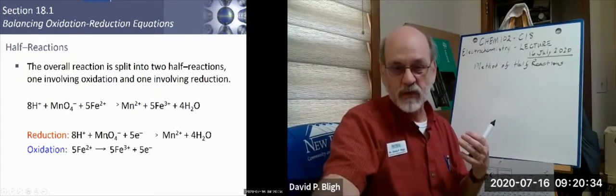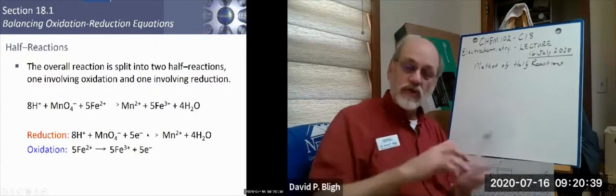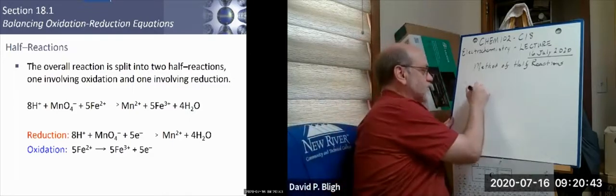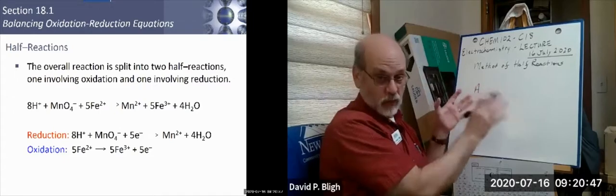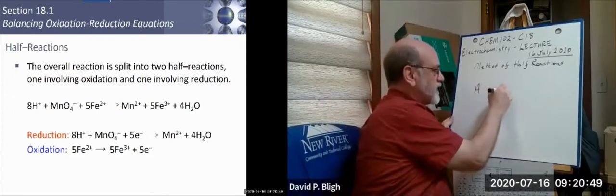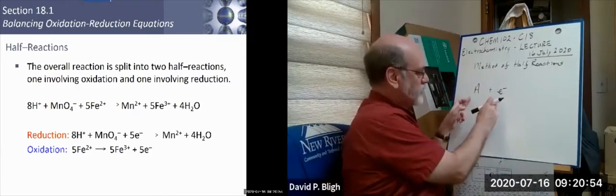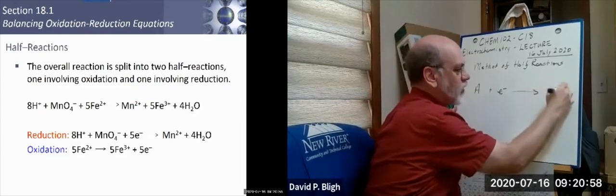Right? In this one, the reduction occurs for, and when you write a half reaction, you will have some species, or more, could be more than one, like this one has more than one, but the electrons go on the reactant side because they're being added to this one to produce something over here.